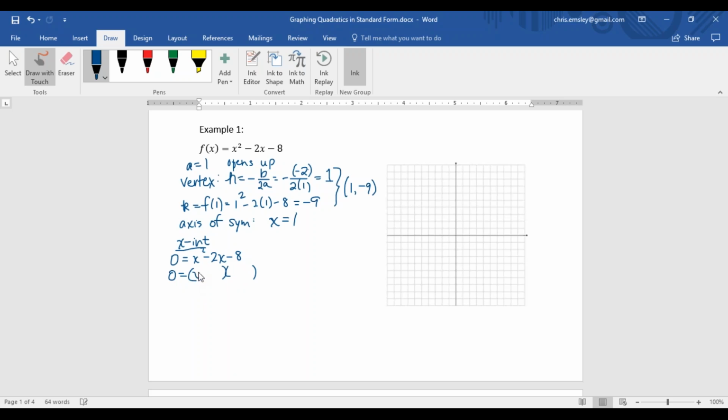That trinomial factors into x times x, and my 8 I will split into 4 times 2. To get a negative 2, that means I would need a minus 4 and a plus 2. So we set each one of those factors equal to 0. And so we get 2 x-intercepts, one at 4, and one at negative 2. Again, those x-intercepts, those are points, so we would write those as ordered pairs.